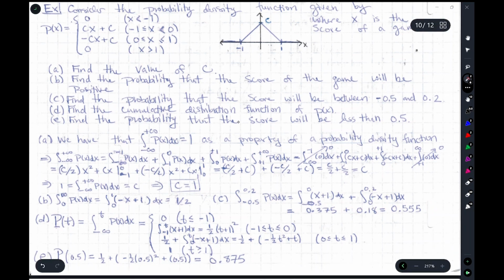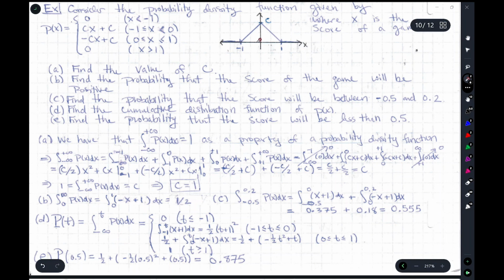D, find the cumulative distribution function of p of x. Here we integrate from minus infinity to some arbitrary t. Now this is going to depend on where t falls. If t is below minus 1, all we're integrating is 0.